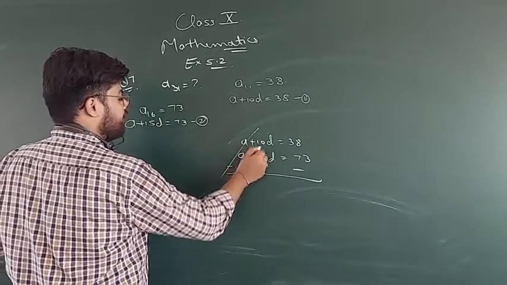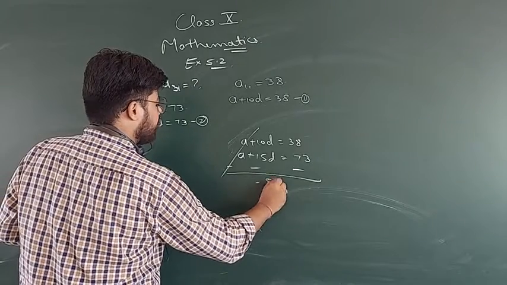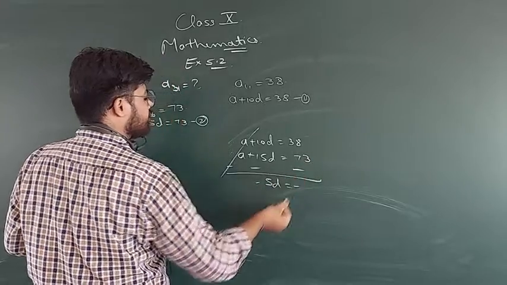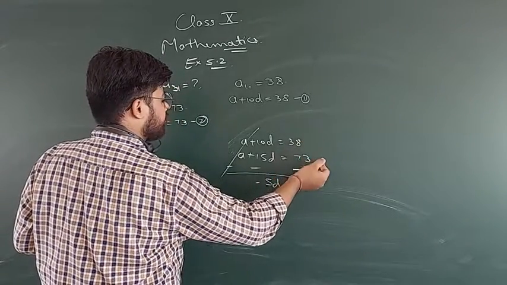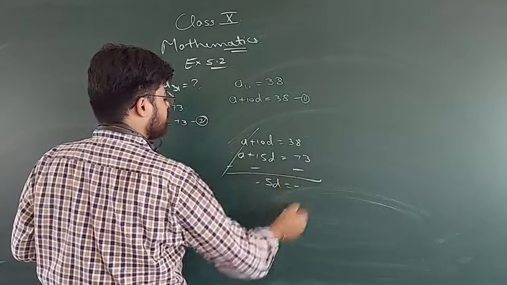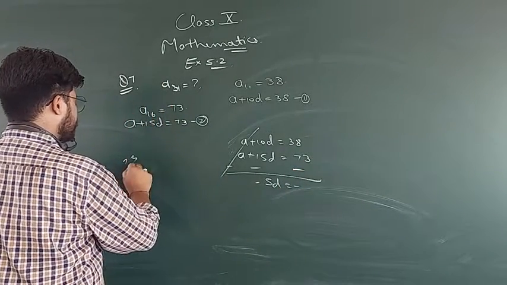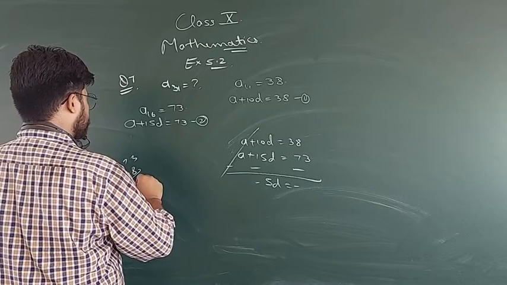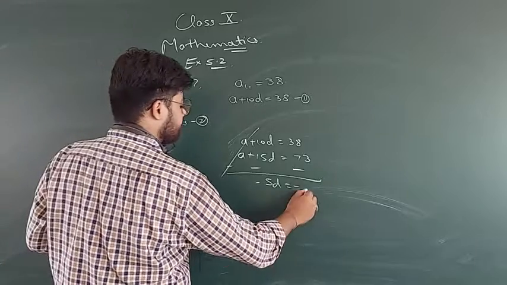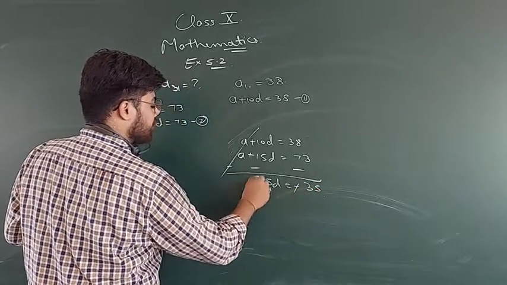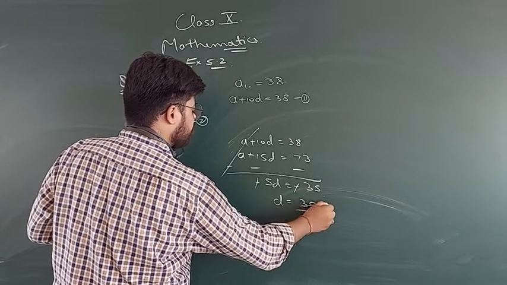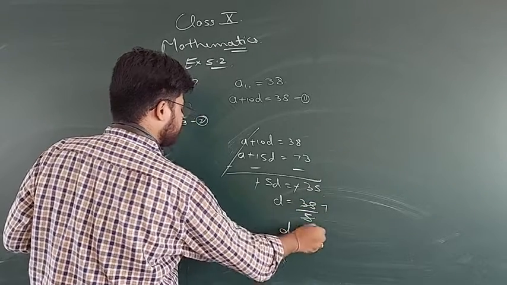Now 10 minus 15 is minus 5D, and 38 minus 73 gives a negative answer, so we do 73 minus 38, which is 35. The minus signs cancel. So D is equal to 35 upon 5, which is 7. So the value of D is 7.